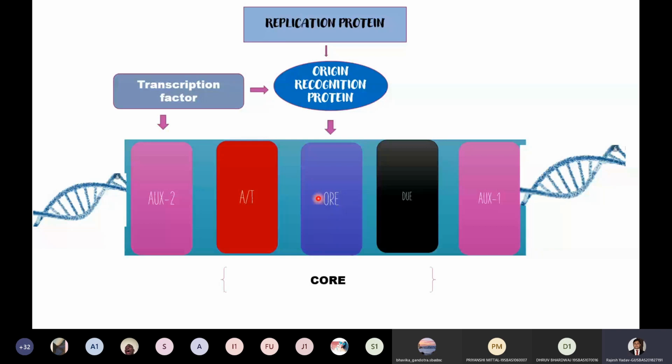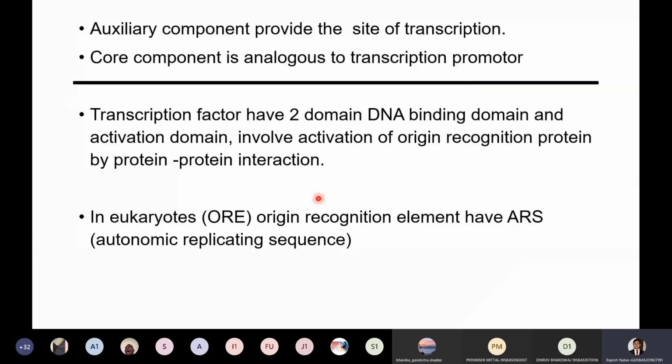So in some species, some animals, only ARS is present. So ARS is like the origin also. So we can say that ARS is an autonomous replicating sequence or origin. So replication will start from the ARS.